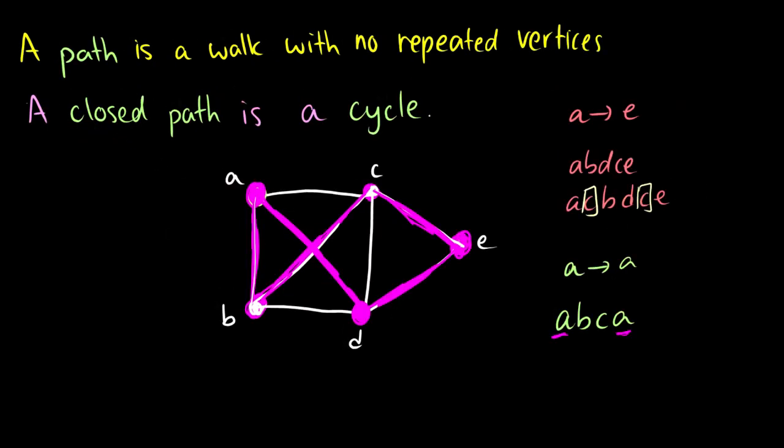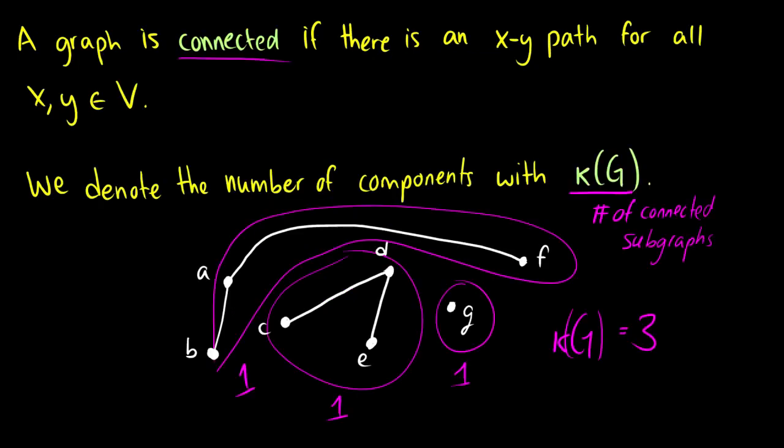A path has no repeated vertices. A cycle occurs when you take a path that starts and ends at the same point. A graph is connected if we have an xy path for all of our vertices. So from any vertex, you can get to another vertex via some sequence of edges.